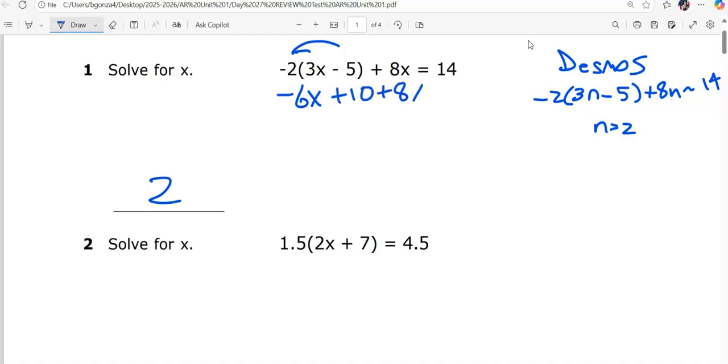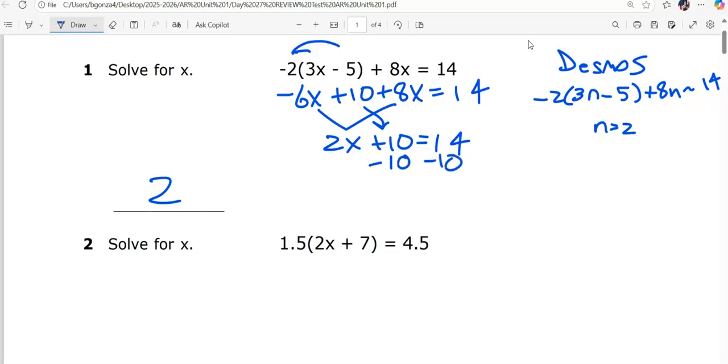Bring down plus 8x equals 14. Combine like terms. -6x plus 8x is 2x. Bring down plus 10 equals 14. It's a two-step equation. Get rid of the loner, +10, by subtracting 10 from both sides. 14 minus 10 is 4, and then you divide by 2, x equals 2.